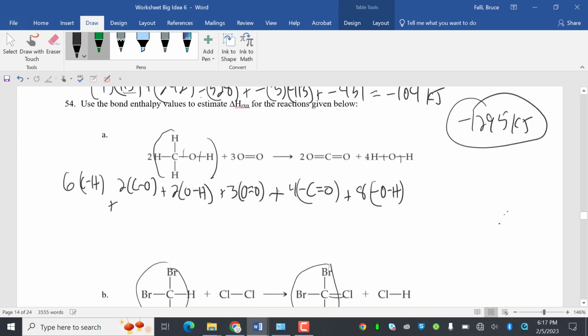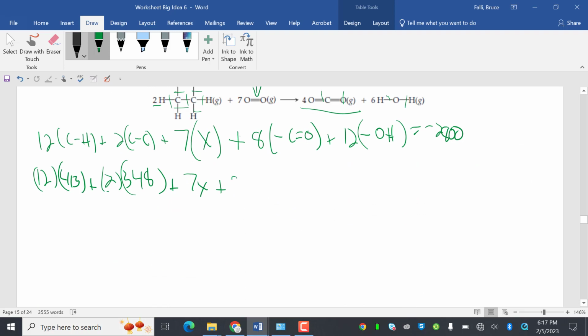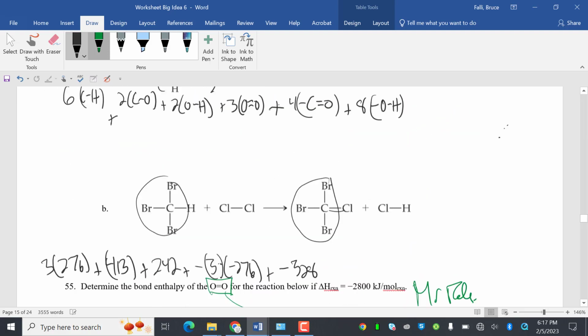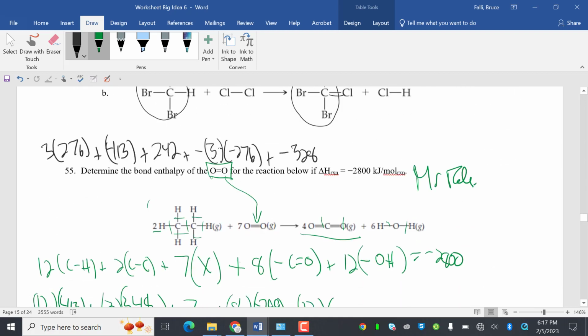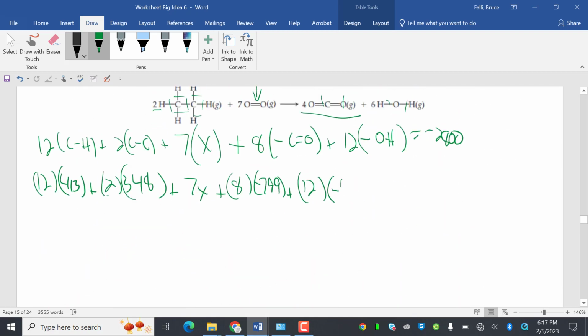So 8 times negative 799, plus 12 times negative O to H, negative 463, equals negative 2,800. So let's calculate this out.